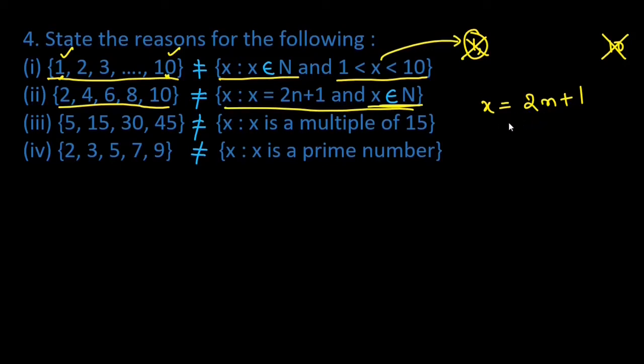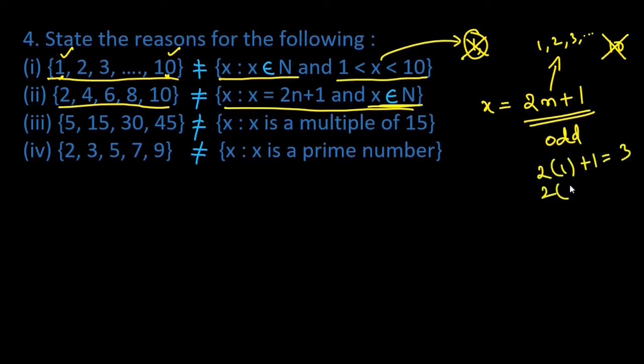So in this pattern 2n plus 1 we have odd numbers. If we take values for n as 1, 2, 3 etc., we'll get 2 into 1 plus 1 is 3, 2 into 2 plus 1 is 5, 2 into 3 plus 1 is 7.